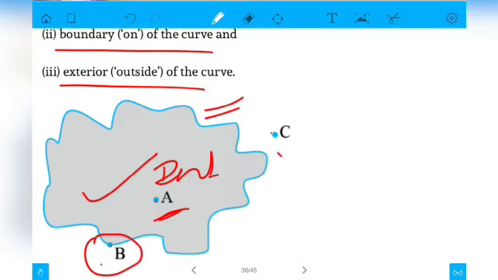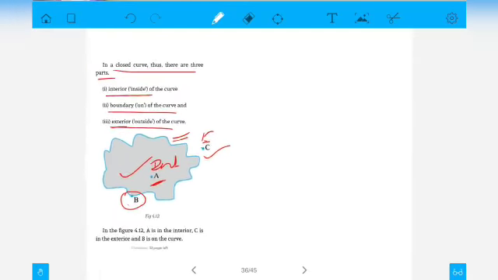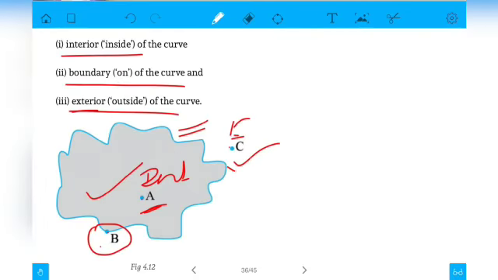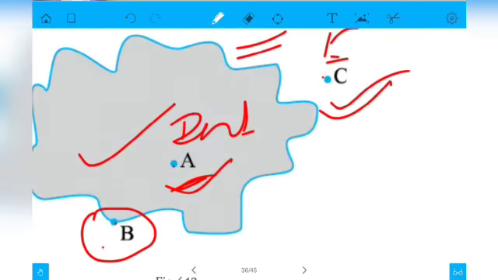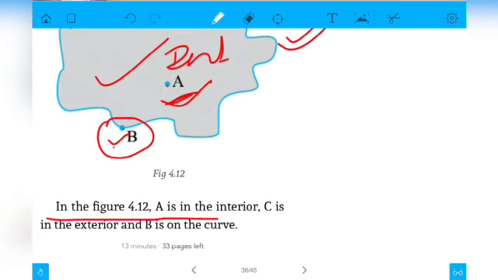And the point which is outside the curve you will call the exterior point, C. So this is the exterior point, this is the interior point, and this is the point on the boundary. Now in figure 4.12, A is interior, C is exterior, and B is on the curve.